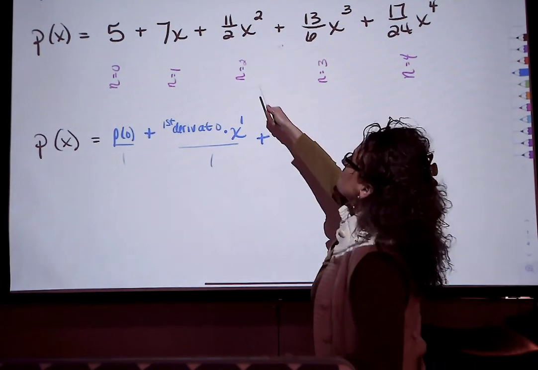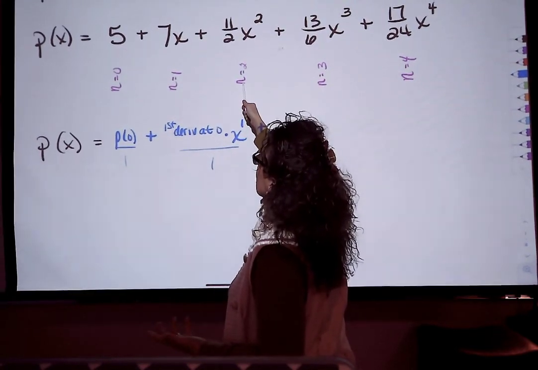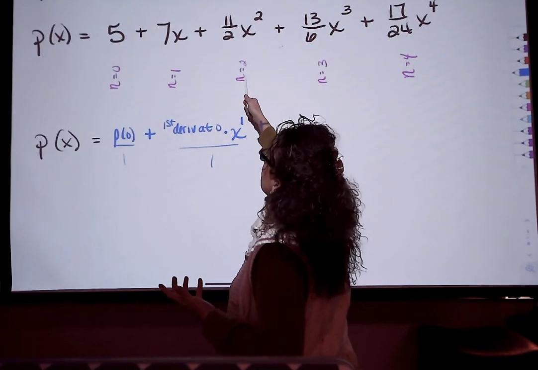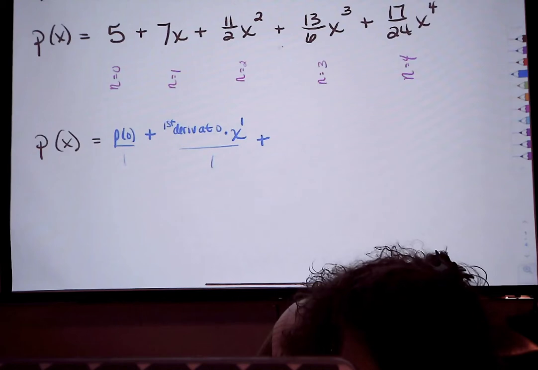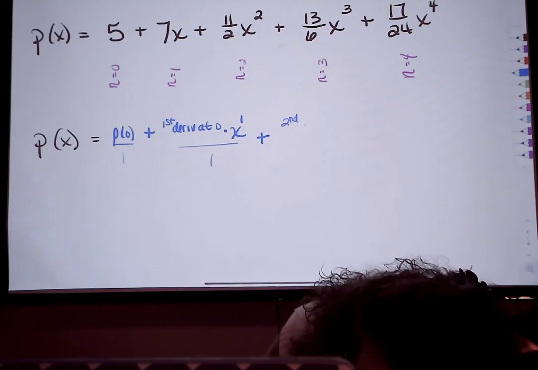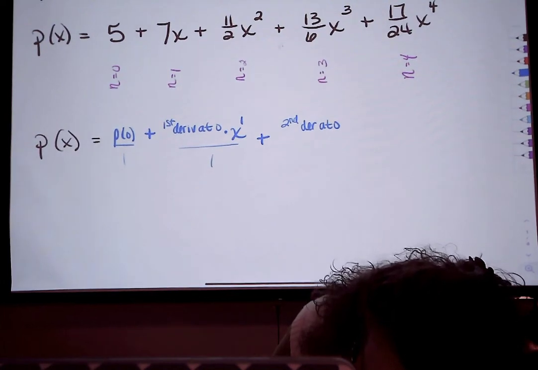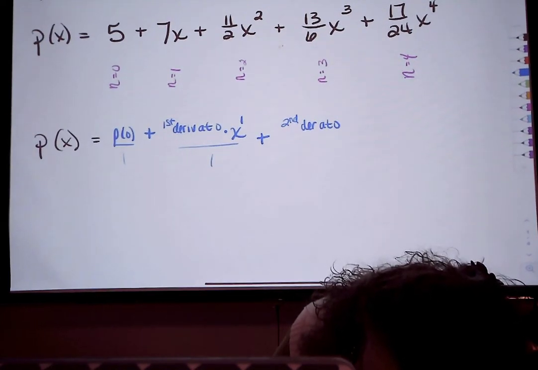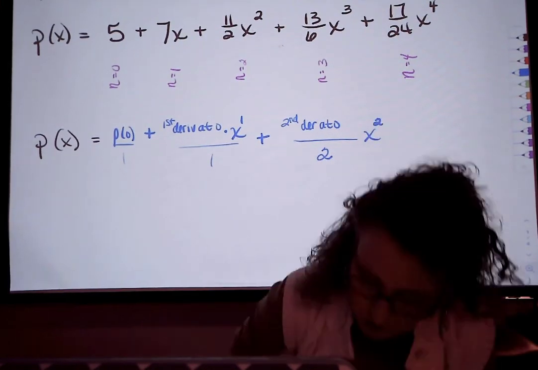Plus, my second term, when n equals 2, where did this come from? Well, the 11 is my second derivative at 0. There's a 2 on the bottom, and I need an x squared.